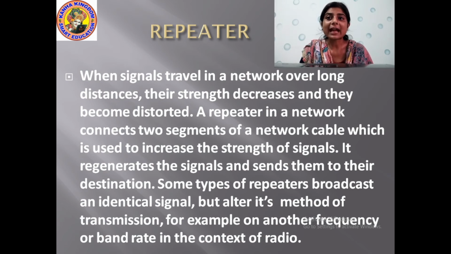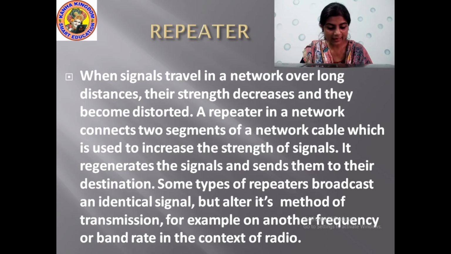There are some types of repeaters which broadcast the identical signal that is transmitted to a particular computer, and later it will alter its method. That means it will change the way of transmitting the data to the computer. Okay.